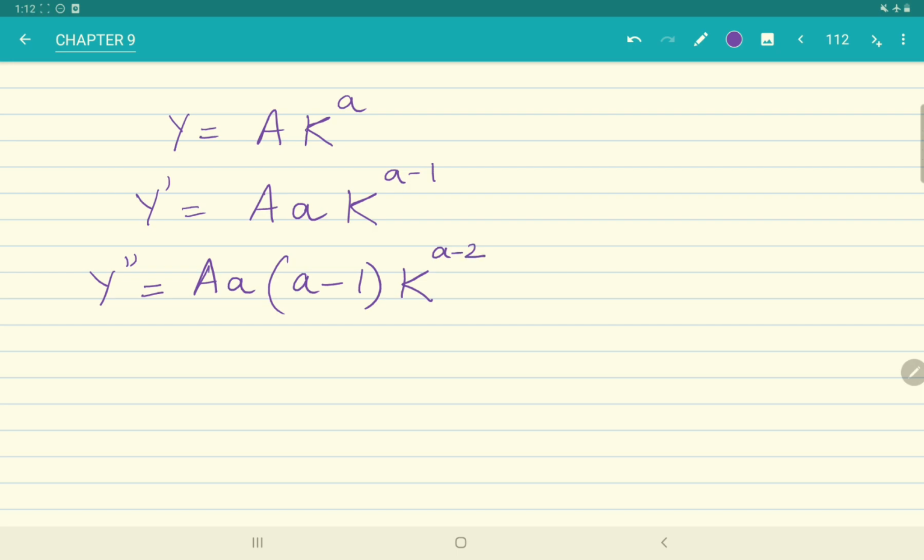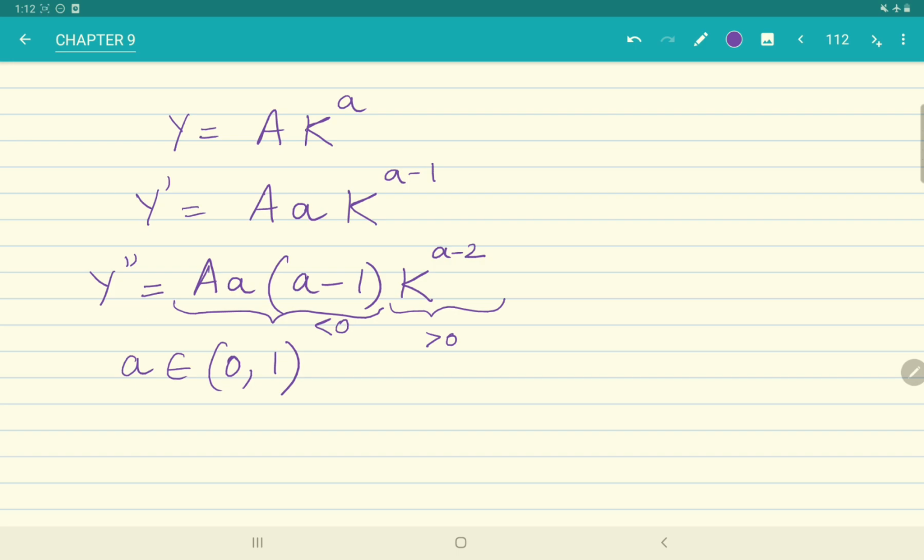Now, as far as little a is concerned, capital A is greater than 0, little a is greater than 0, but little a minus 1, this I know is less than 0. That means this whole expression, A multiplied by a multiplied by (a-1), is less than 0. k I know is greater than 0, so k^(a-2) is greater than 0.